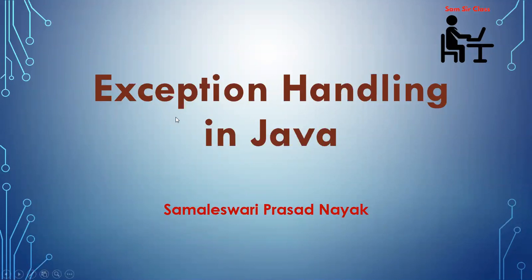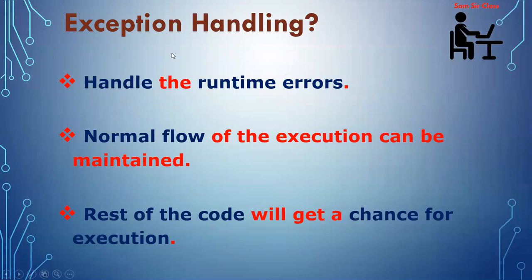So remember, the most important objective of exception handling in Java is to avoid abnormal termination of the program. Clear? Now you will check exception handling. It is required to handle runtime errors. Second, the normal flow of execution can be maintained. Obviously, the abnormal termination is removed, so the normal flow can be achieved.